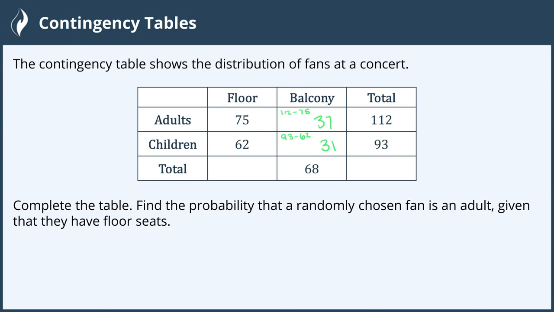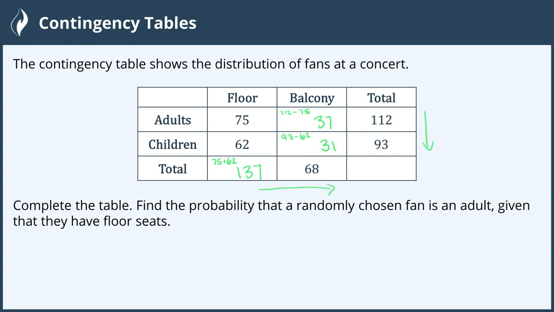Then the last ones that we have empty are totals. So we can just add the floor seats together to give us the total amount of floor seats. 75 plus 62 is 137. The total of everything we can actually add in either direction. We can add our totals horizontally or vertically.